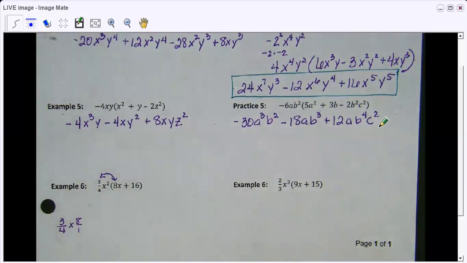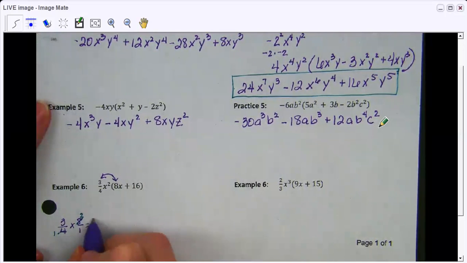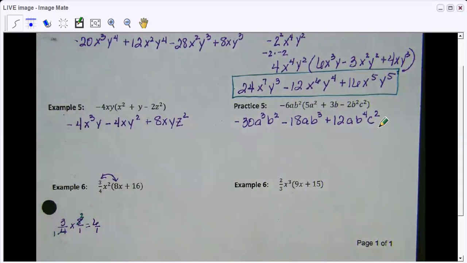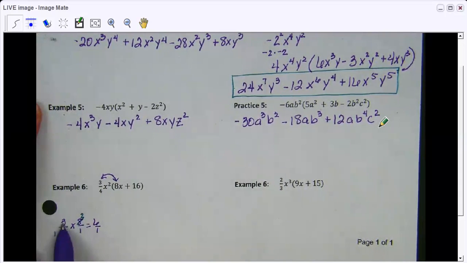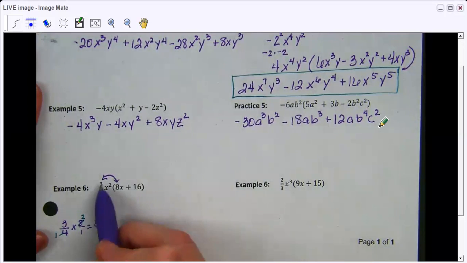And there's 2 ways you could do this. You could cross simplify. 8 and 4 simplify out, and we end up with 6/1 or just 6. Or you can multiply straight across. 3 times 8 is 24, 4 times 1 is 4, and then 24 divided by 4 is 6. So 3/4 times 8 is 6.